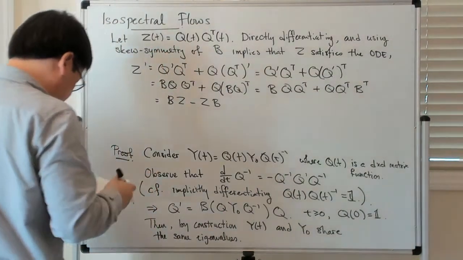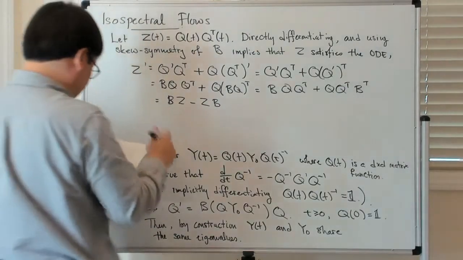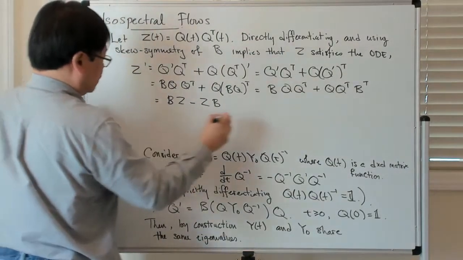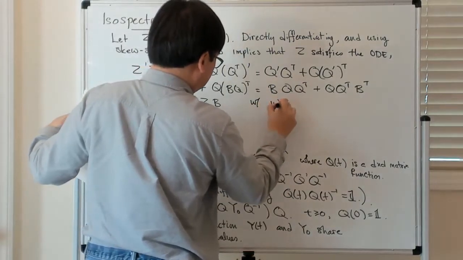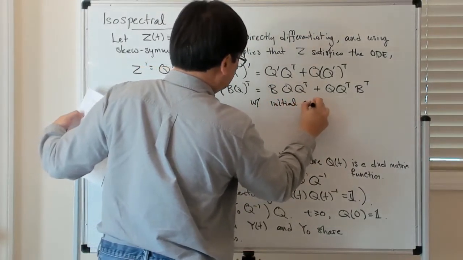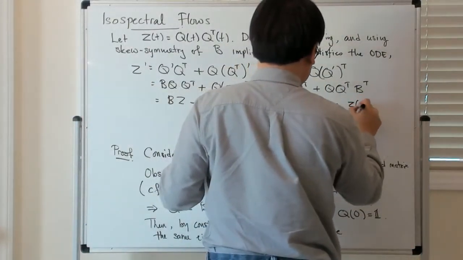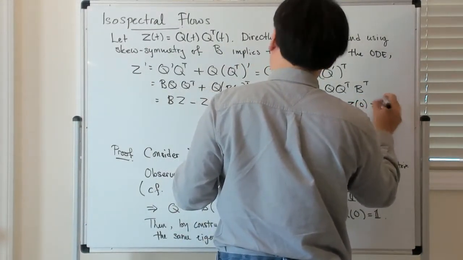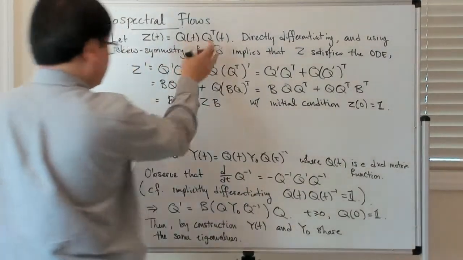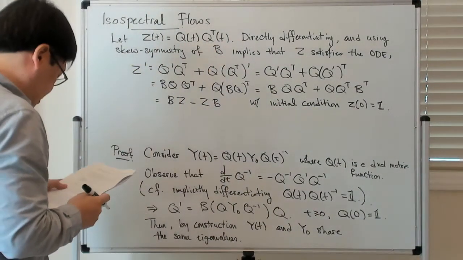And this has initial condition Z at 0 is just the identity, because Q at 0 is the identity.